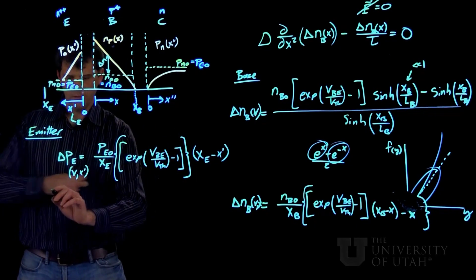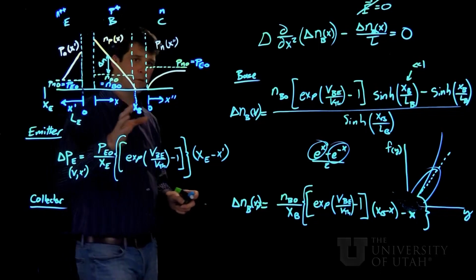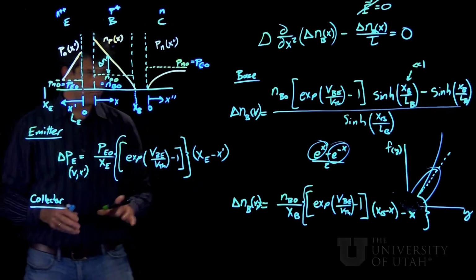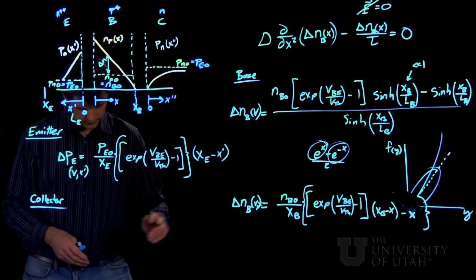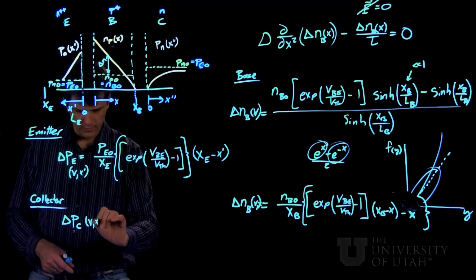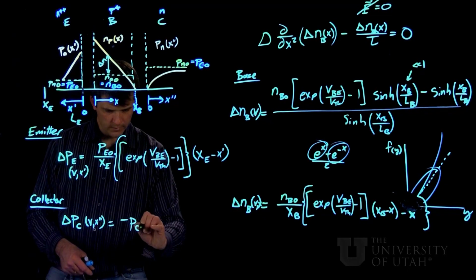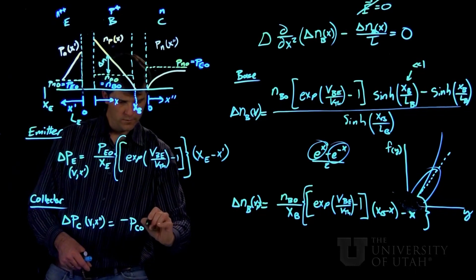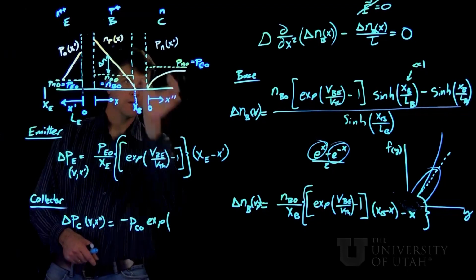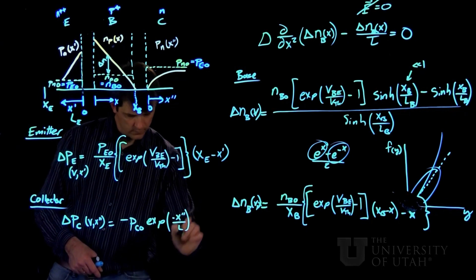And then the collector comes last. Now in the collector, we're going to make the assumption that the collector is very thick or very long, so that we do not have to deal with all these hyperbolic functions, and we're just going to have delta P in the collector as a function of voltage and distance be negative P collector naught, so that level, and then exponential dependence, so just this rising negative x over L, like that.